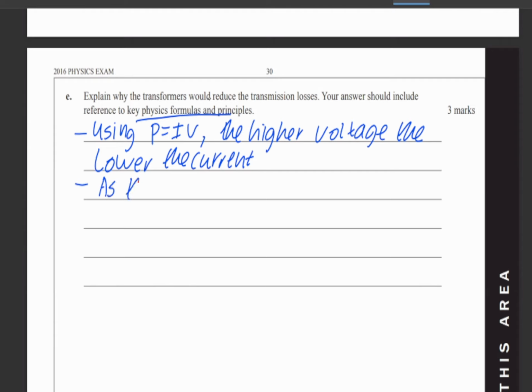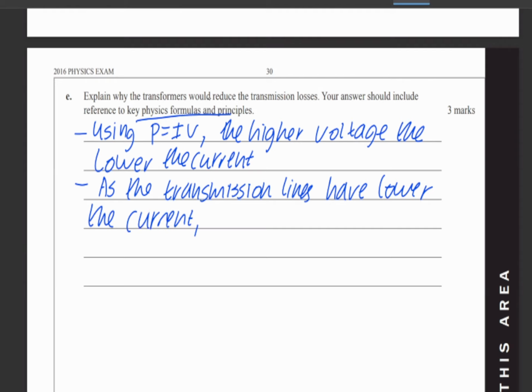As the transmission, lower the current, according to P equals I squared R, there is less power loss.